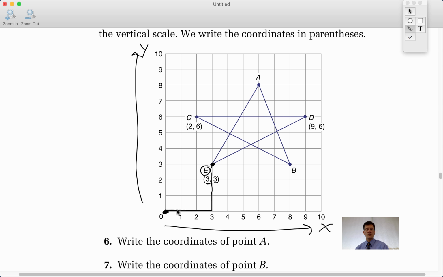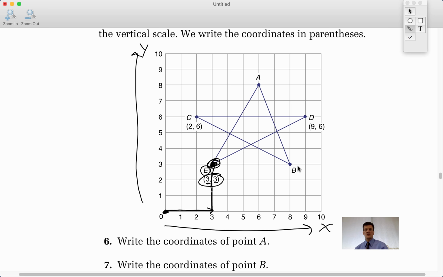So I'm going to go 3, positive 3 means 3 steps to the right, and 3 steps up gets me to a location, and I put a point there, right there at that value, and that is the point 3, 3. It's always in that particular order. 3 tells me horizontally right or left. The next number happens to also be a 3, tells me how much I go up or down.